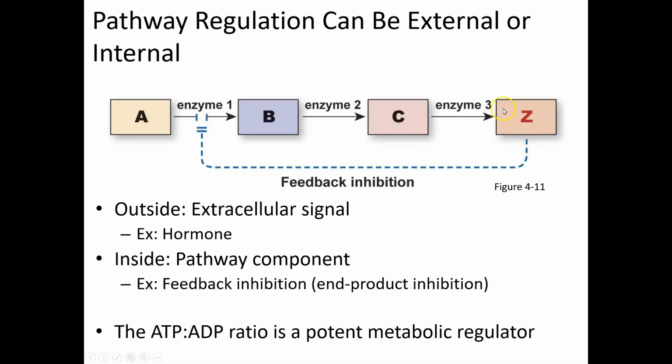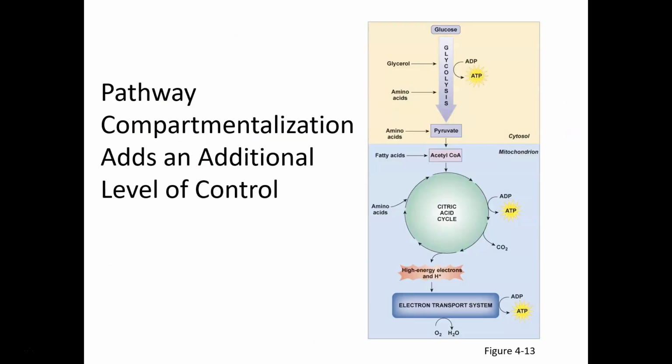Well, we don't want to keep on producing Z over and over and not waste Z if we can help it. So what happens is when we start to get a lot of Z accumulate, then Z will feed back to A and slow down the reactions. Okay? That's called feedback inhibition. Ultimately, the most potent regulator is the ATP-ADP ratio.